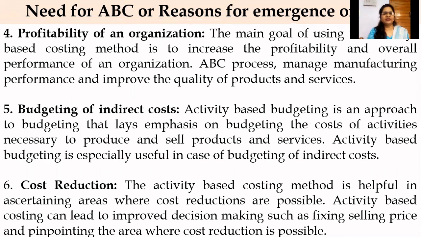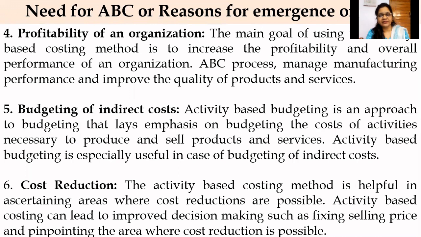And the next is profitability of an organization. The main goal of using the activity-based costing method is to increase the profitability and overall performance of an organization. The ABC process manages manufacturing performance and improves the quality of the product and services. As I said earlier, ABC checks out the activities.